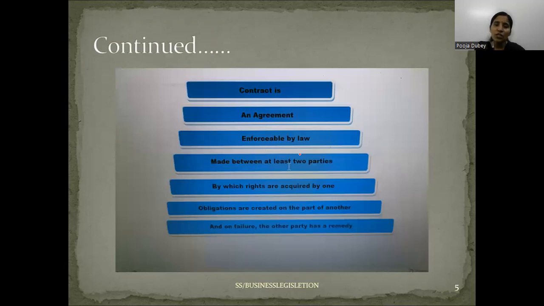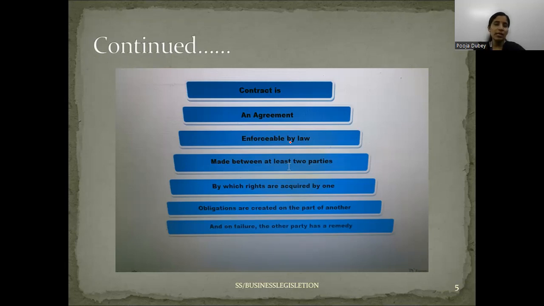This enforceability contains the essential elements to be present, like there must be competent parties for the contract, there must be consideration, there must be capacity of party to enter into a contract, the object should be legal, there must be legal formalities.